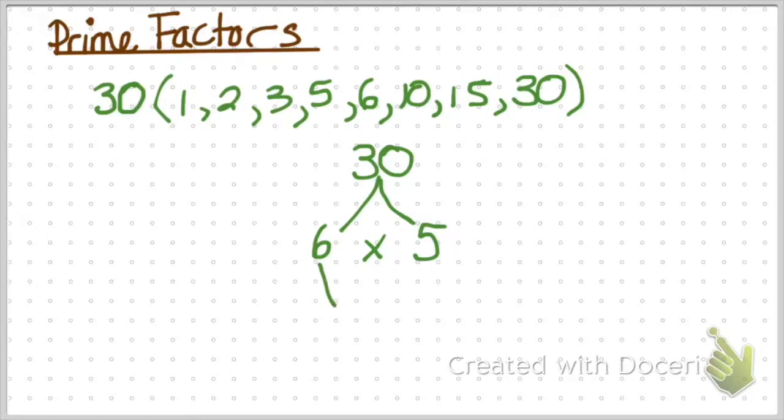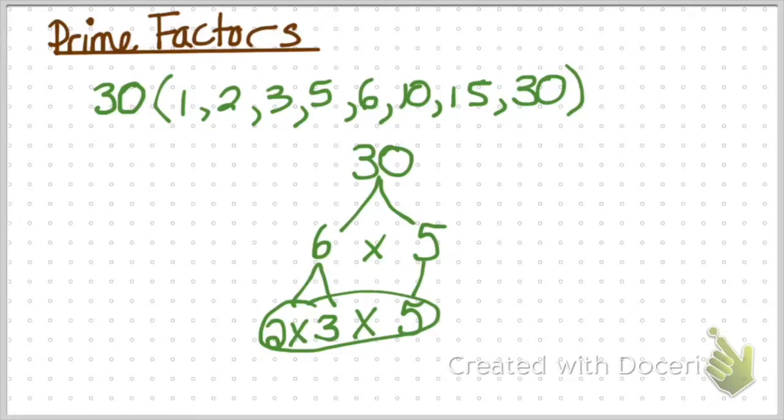So I keep going, and I get 6 as 2 times 3, and we bring down the 5. And I, just with the help of this nice tree, have just determined what the prime factors of 30 are.